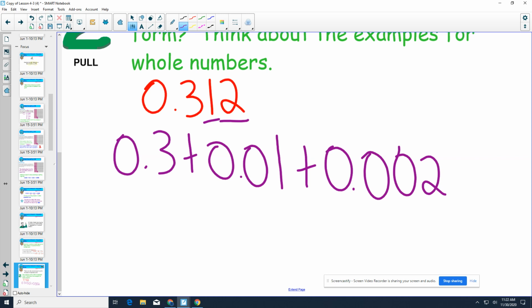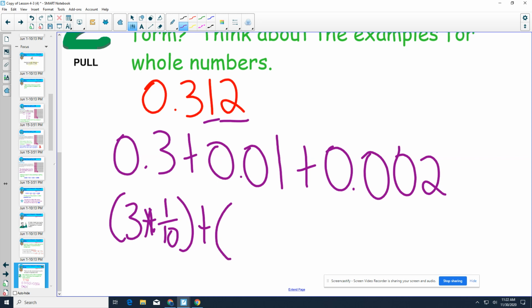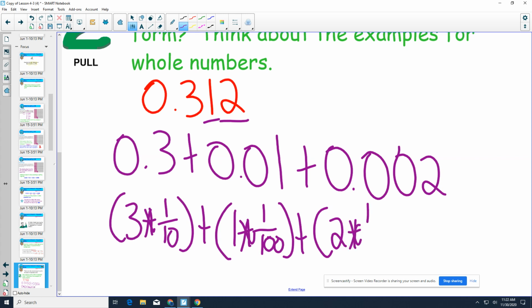You must have those decimals as placeholders when you do the place values. If you don't, then it would not be correct. Okay, I could also look at it and I could say 3 times 1/10 plus, there's a 1 in the hundredths, so I could say multiply that by 1/100, plus a 2 in the thousandths, so I could say 2 times, oops, sorry, not 1.